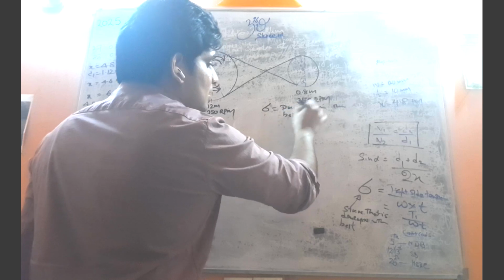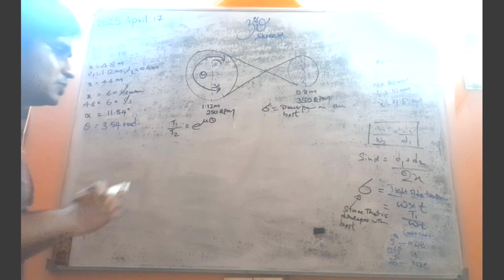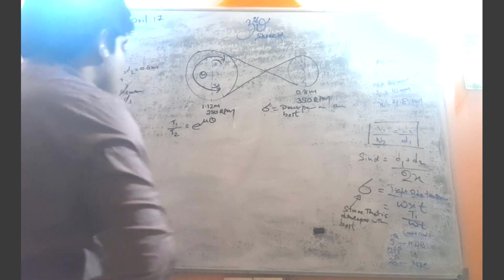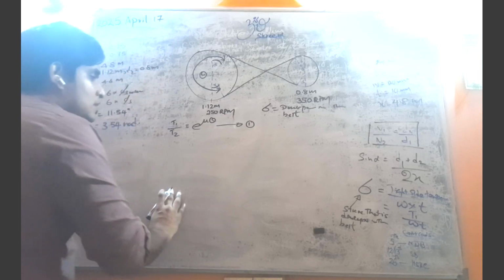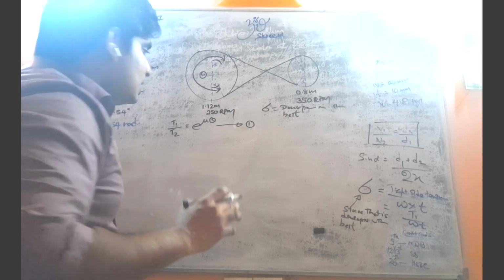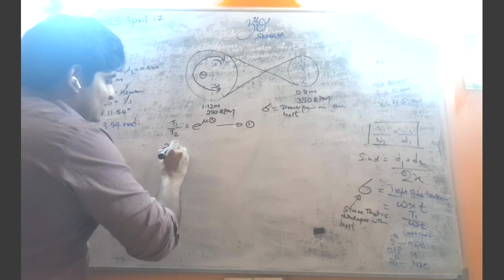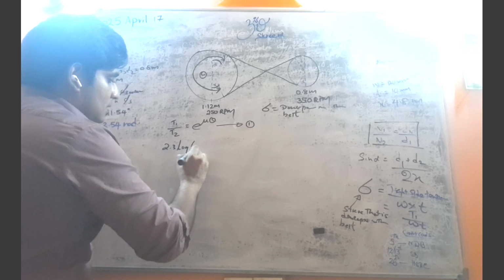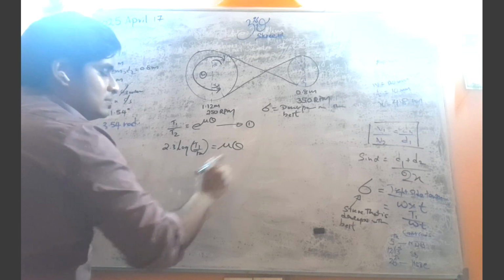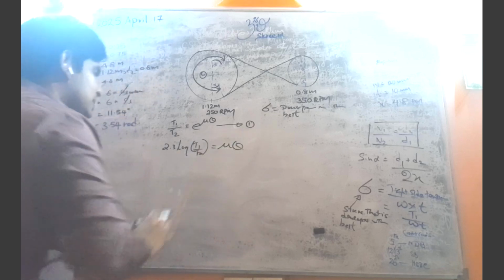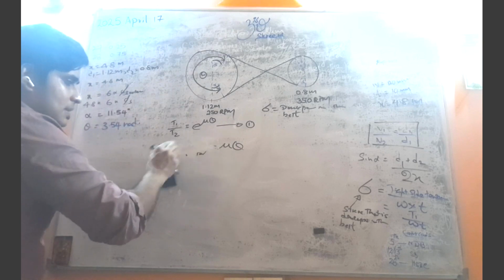For that there are certain equations that we have to use. This is one equation that you must definitely know, and you can also use this equation as well: 2.3 log T1 divided by T2 equals mu theta. Or you can use either one, but I am going with the equation that I have labeled under 1.